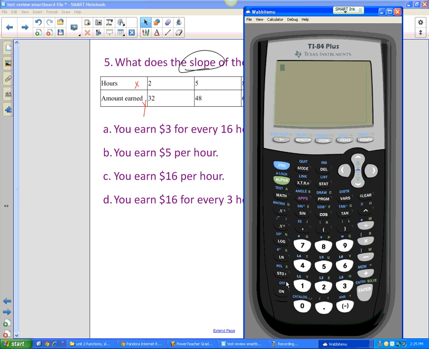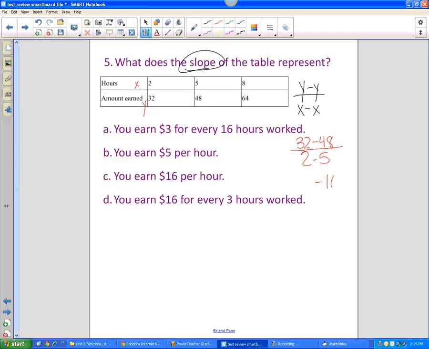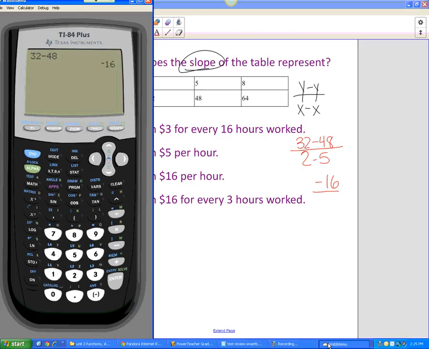All right, when you type this one in your calculator, so 32 minus 48, I get negative 16 over, then I'm going to type in the bottom 2 minus 5, and that gives me negative 3.